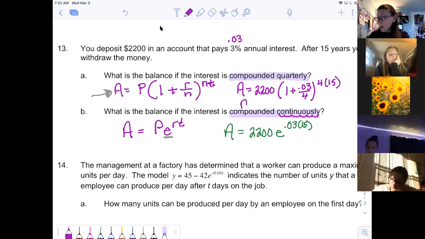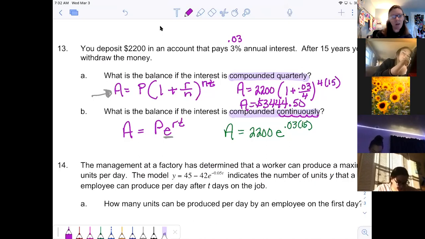And then when you plug the first one in the calculator, you end up with $3,444.50. Not bad. You started out with $2,200. 15 years later, you have about $1,250 more, which is pretty good just by investing your amount.